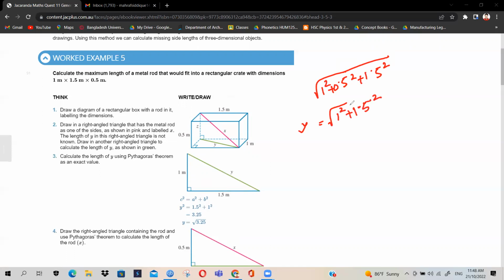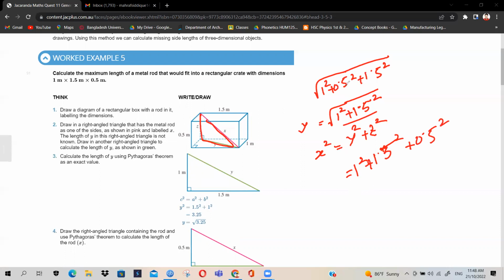Now in this particular triangle, x squared equals y squared plus z squared. So that equals 1 squared plus 1.5 squared plus z squared, which is 0.5 squared.